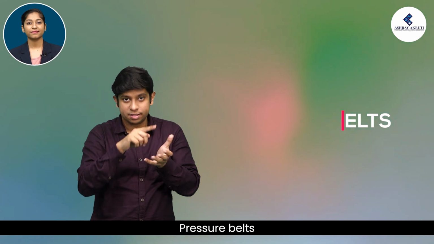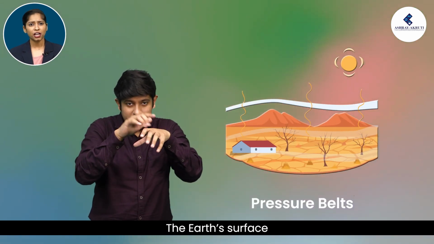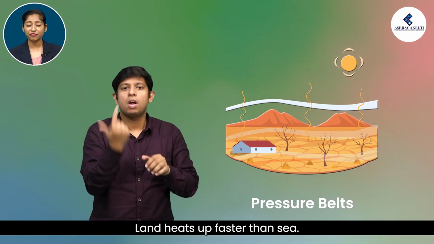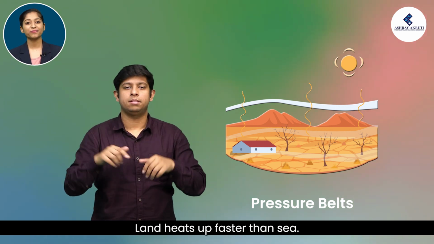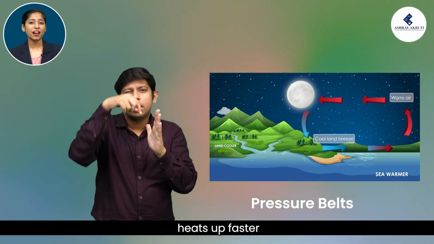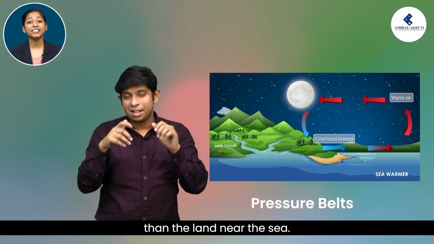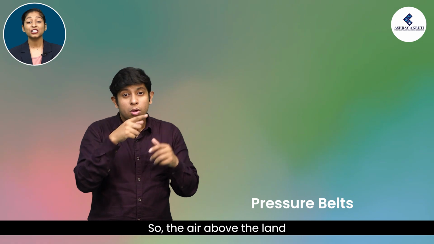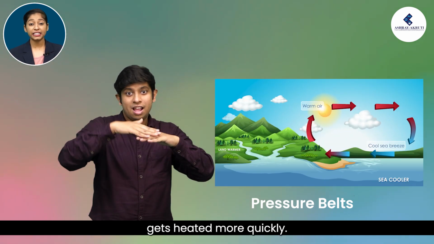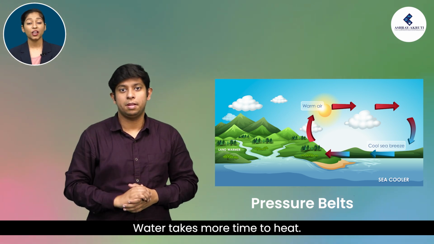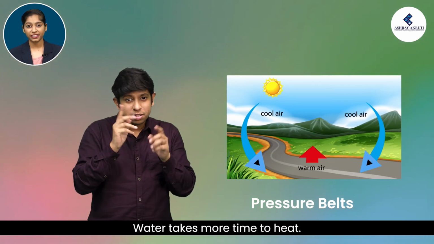Pressure belts. The Earth's surface does not heat uniformly. Land heats up faster than sea. The land, which is deep inland, heats up faster than the land near the sea. So, the air above the land gets heated more quickly. Water takes more time to heat.